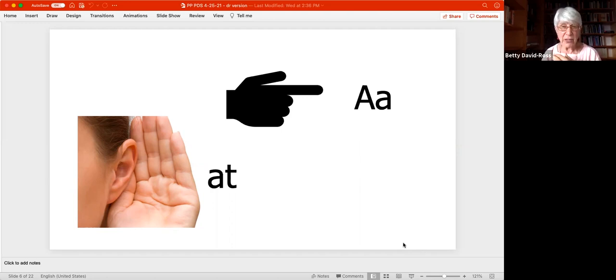They have enough to start discovering it. For instance, I can hear the sounds in at, and I know they're 2 letters. And if I know that both those letters represent a sound, then I can start teasing everything apart and figuring it out myself. Is that the only way you should go about learning it? No. But is that a very important element in the learning for a successful reader? Yes.